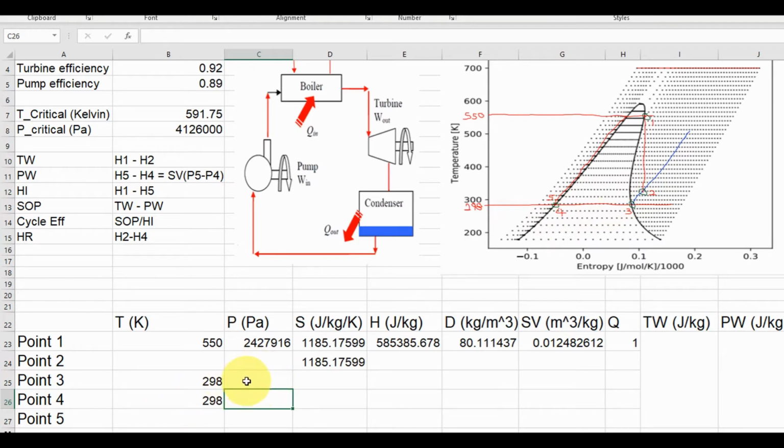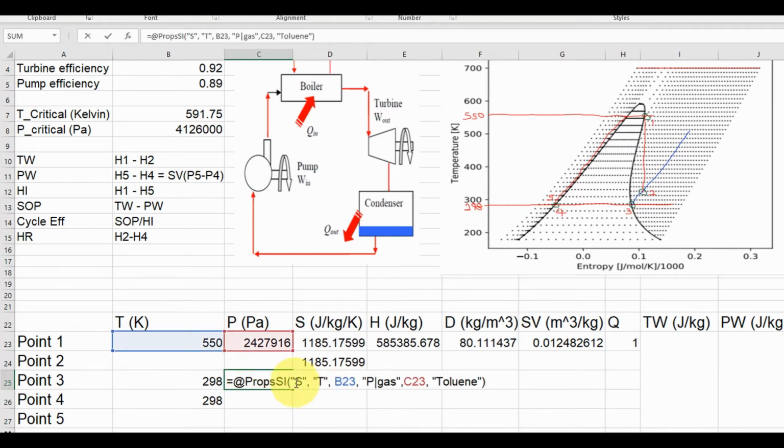So maybe let's do point 3. I could just key in the same thing I have here. But rather than that, I will change it because I'm looking for the P. So I'm at point 3, I'm looking for the pressure at point 3. So it's P. I change this to P. And then my temperature, I have to change my temperature to B25.